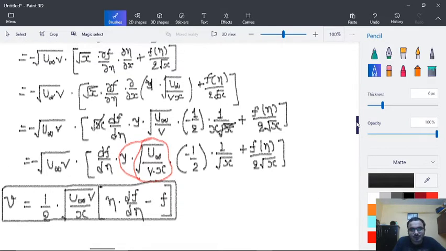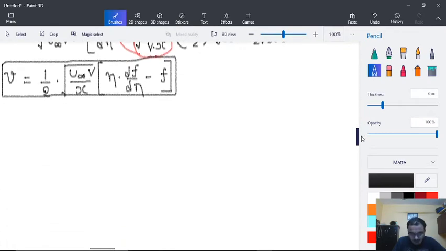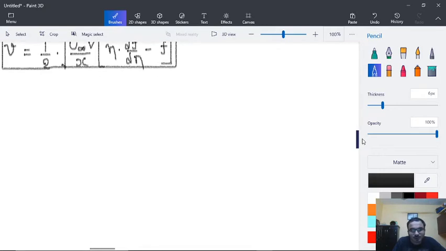So finally we have obtained the value of v. You can go through this one by one if you have any difficulty. And now we are going to move forward with our further simplification of remaining terms.